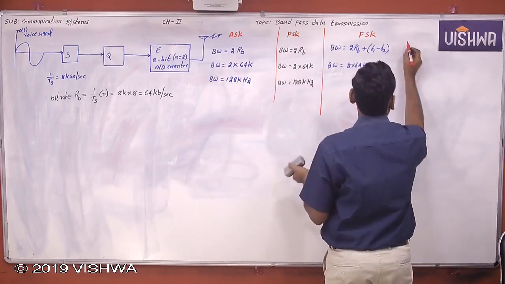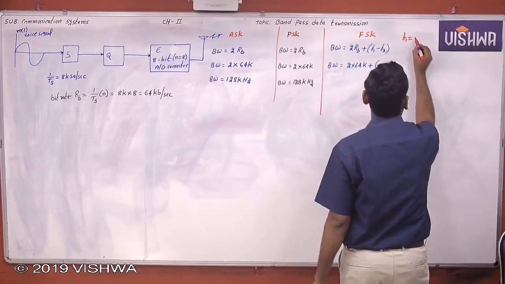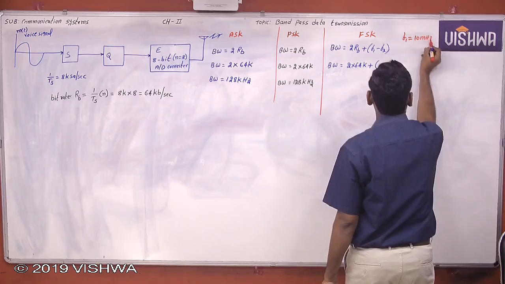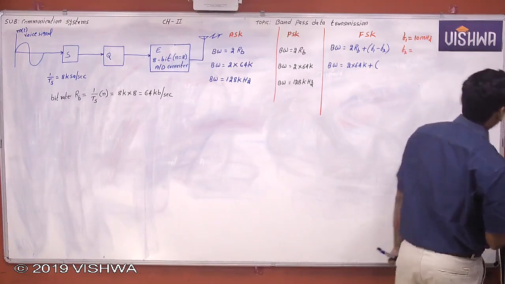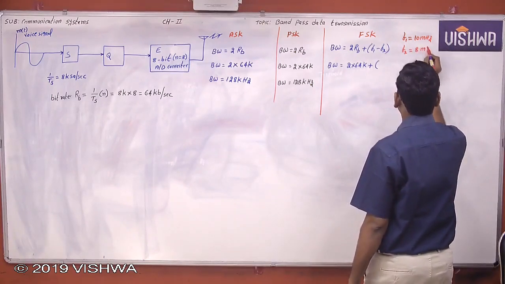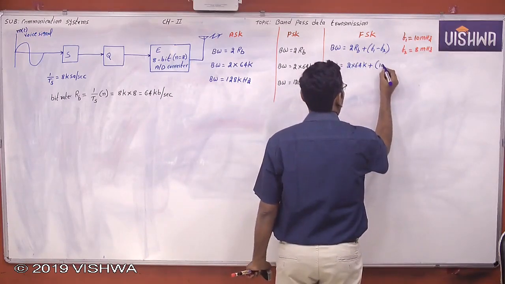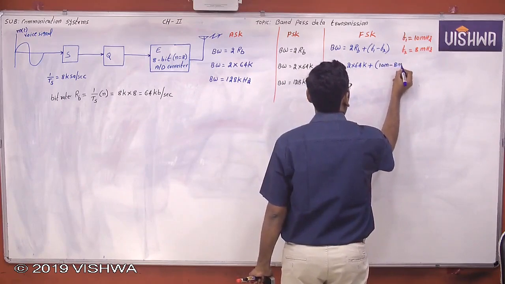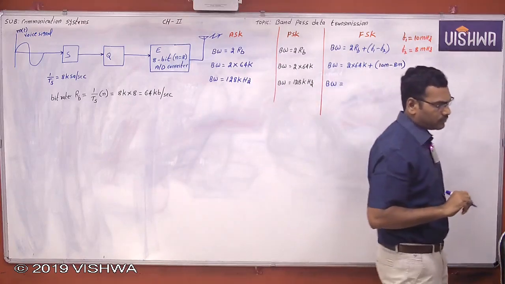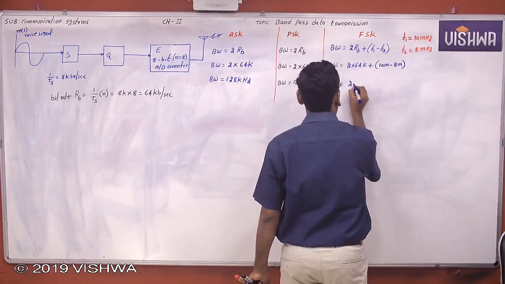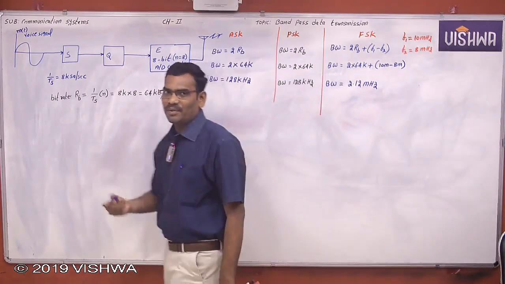The mark frequency is mentioned as 10 megahertz and the space frequency as 8 megahertz. So this is mark frequency 10 megahertz minus space frequency 8 megahertz. Therefore, the bandwidth is equal to 2.12 megahertz.